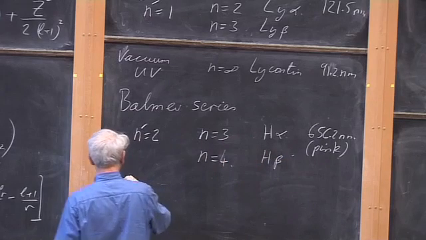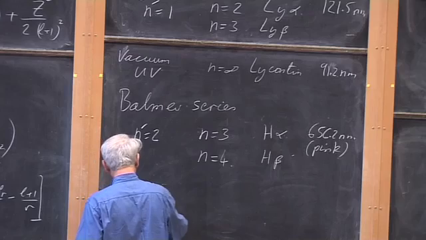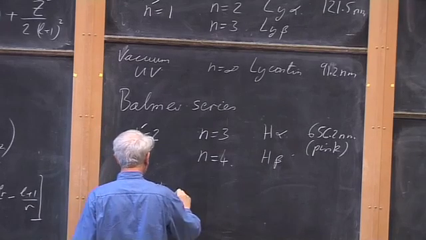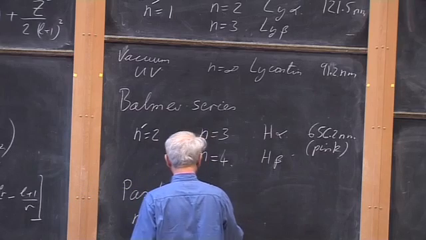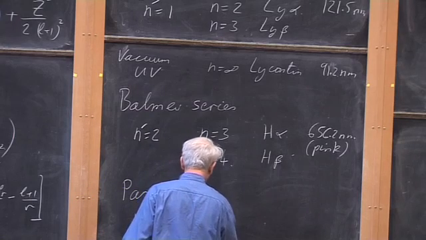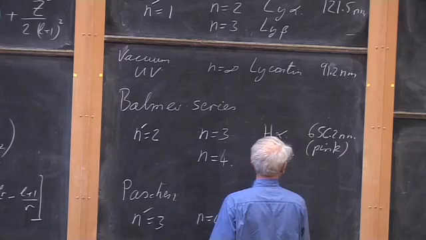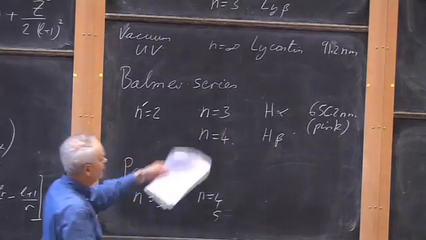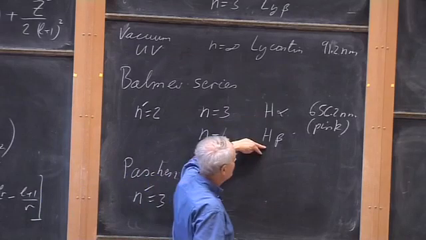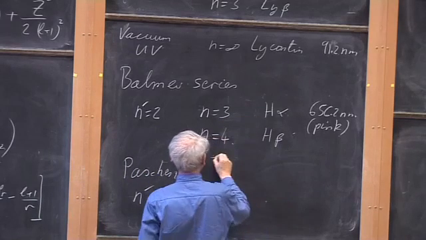If you then go to Paschen, that's for n primed is 3, and obviously n can be 4 or 5, etc. So these start off as pink, and they get bluer. As you go down this list, the wavelengths get shorter as you go to infinity.